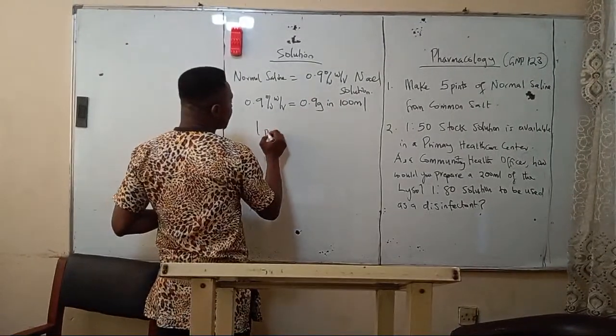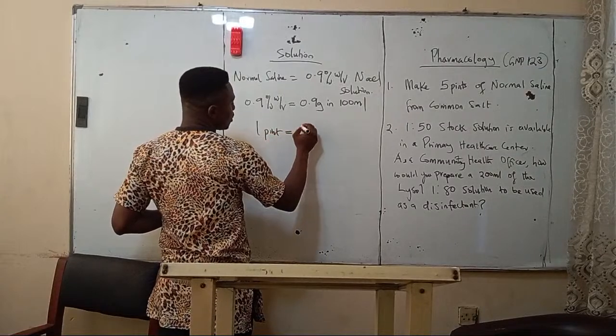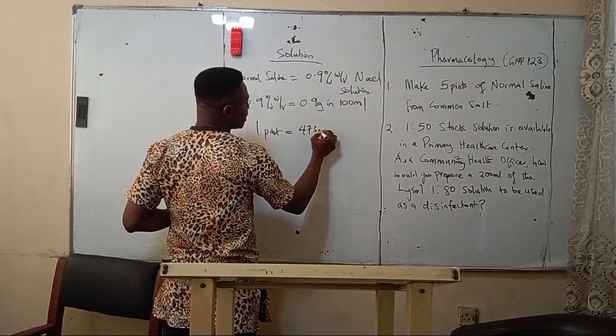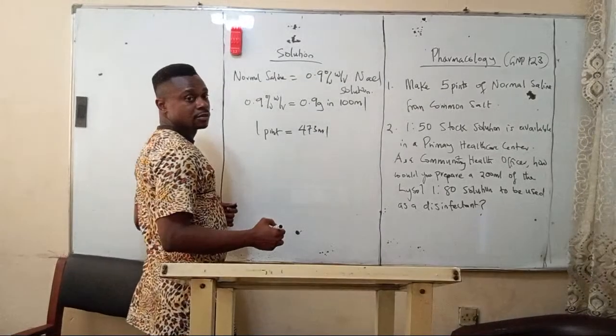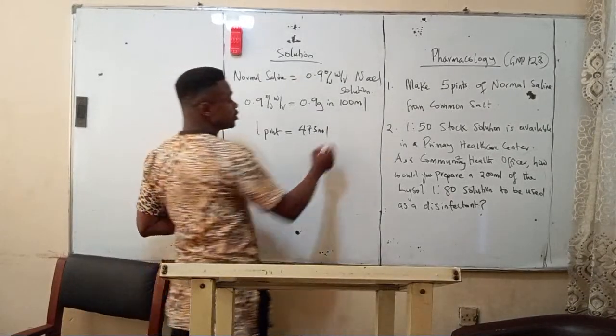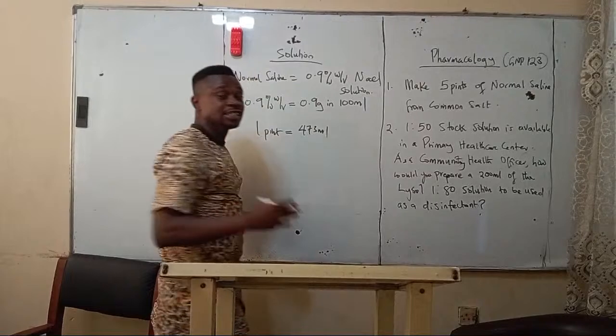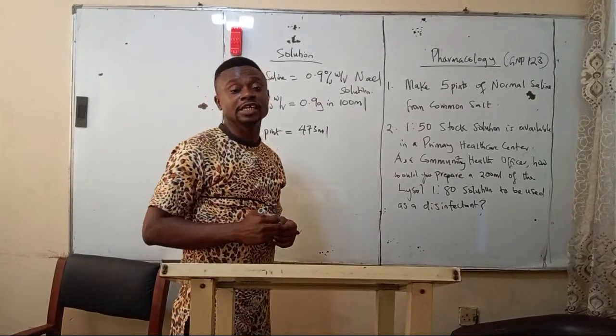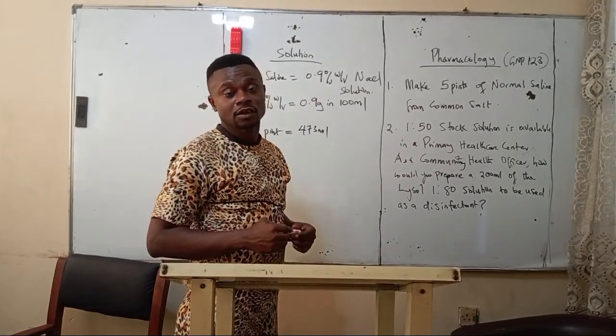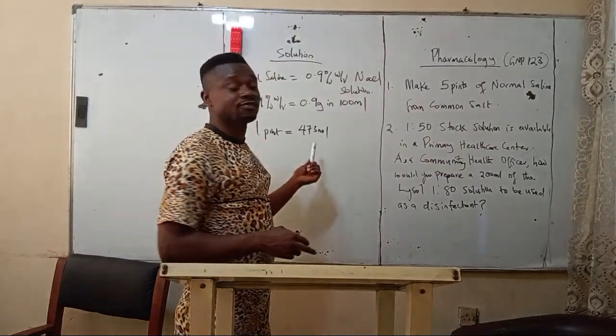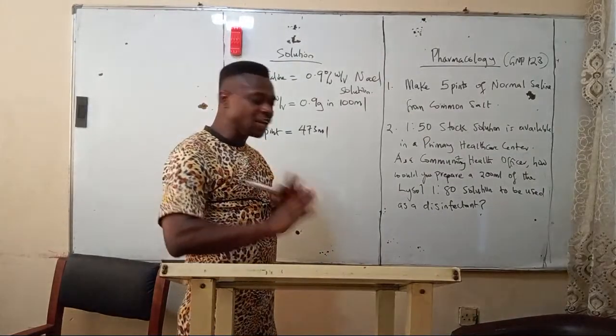Actually, 1 pint can be taken as 473 ml. In some texts, you will see a range, going by the fact that 1 gallon is 4,000 ml, we can come down to 1 pint being 500 ml. Any of them is okay.